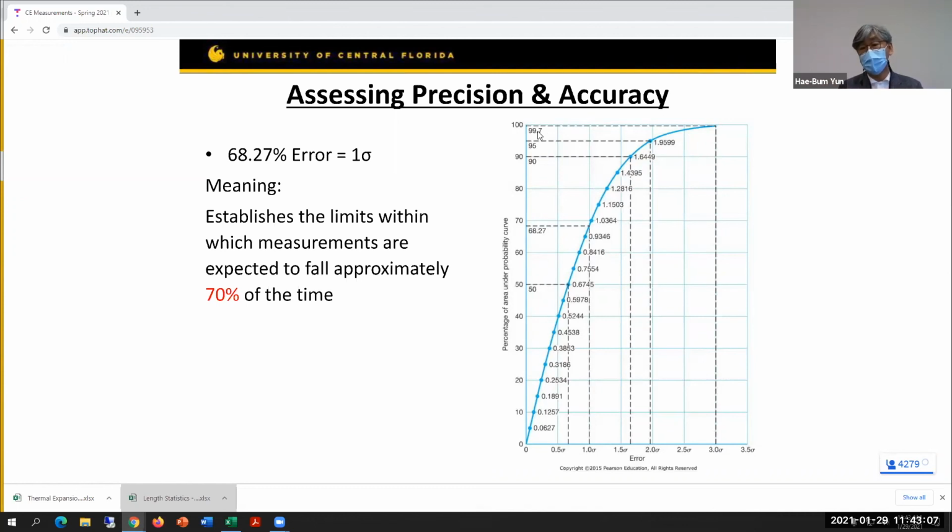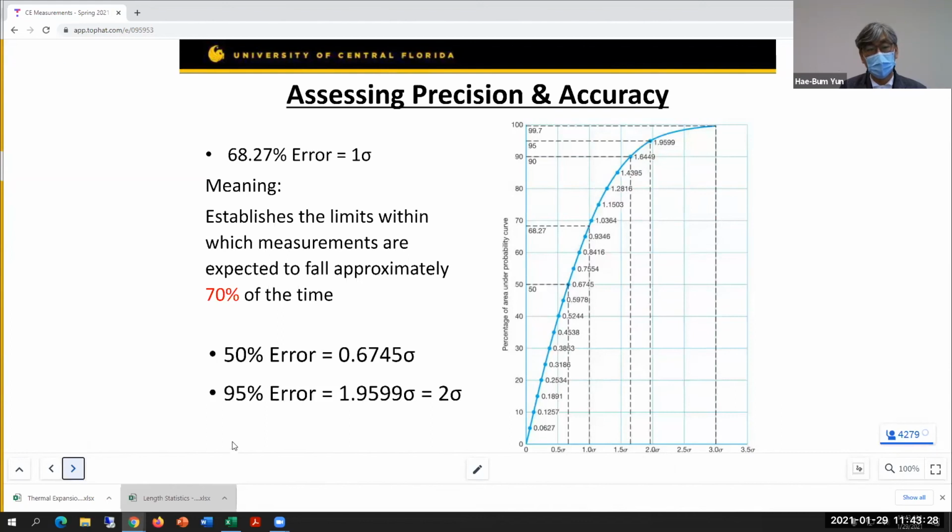That is 3 sigma. But if you have 6 sigma, there will be a very, very small value. This is how they control their quality, so standard deviation is used for that.